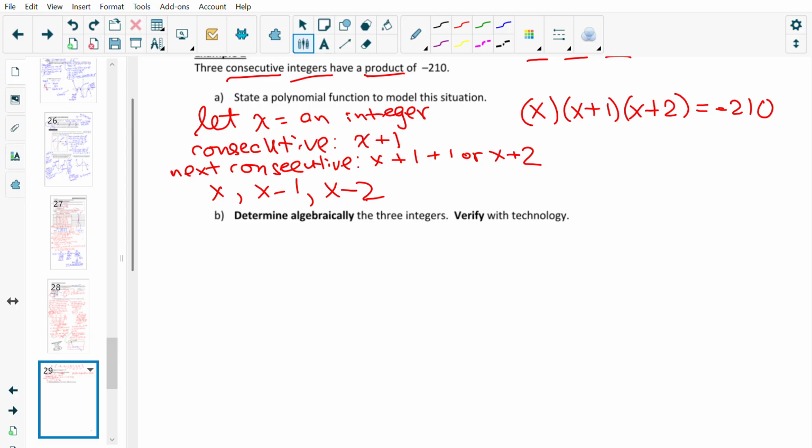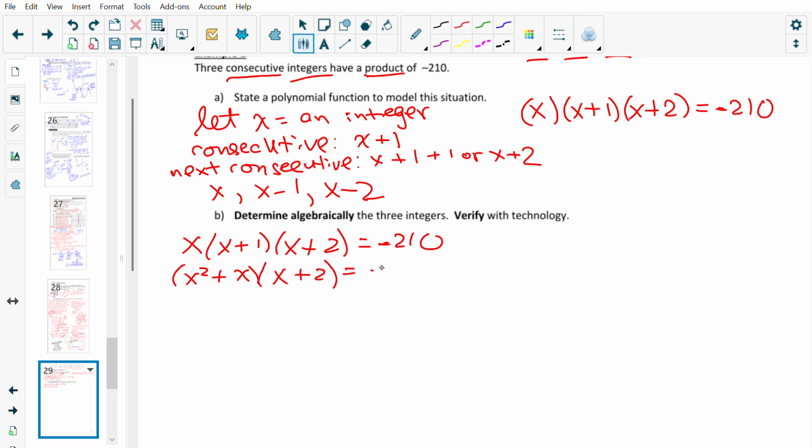Determine algebraically the 3 integers. Okay, so I'm going to have to multiply this out. So x times x plus 1 times x plus 2 equals negative 210. Okay, let's expand and simplify.